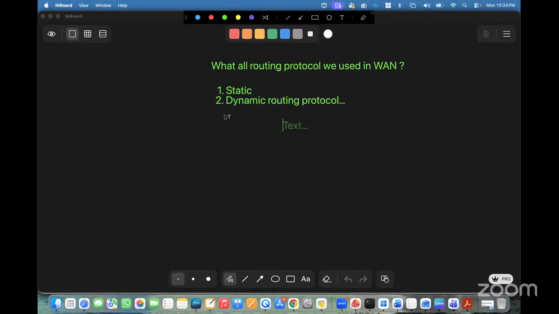So what is a dynamic routing protocol? Dynamic routing protocols consist of multiple ones: you are going to get OSPF, EIGRP, RIP, BGP, and also IS-IS. Generally, you are going to find all these routing protocols. Some are for the LAN, especially OSPF, EIGRP, RIP, and IS-IS. You do not use them on the WAN. But static routing, the very first one, is used for WAN connectivity, and BGP also for WAN connectivity. These protocols are basically what we use in our entire WAN infrastructure. But this is the design for the WAN infrastructure.